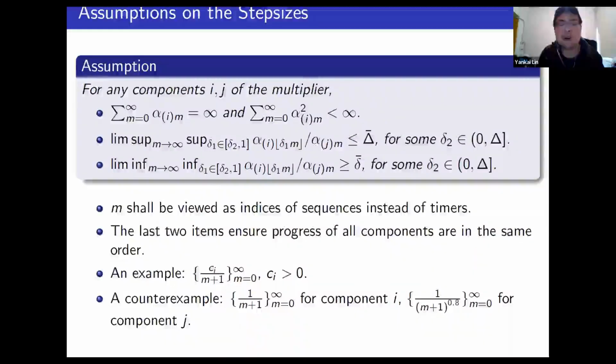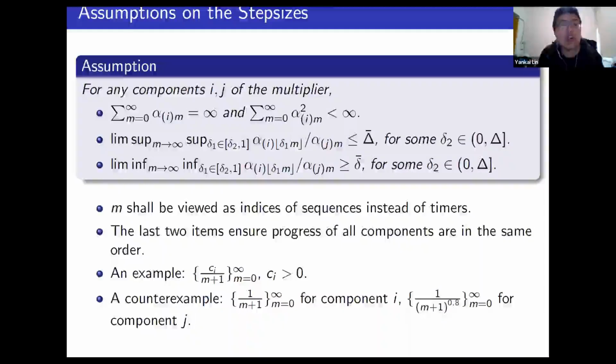I'll give you some examples about this later, just in the dot points below. Here, different from the k I used in the previous slides, m should just be viewed as indices of sequences. They're not timers. It's got nothing to do with timers, so that should not be confused. And the last 2 items ensure that progress of all components is of the same order. So I'll give 2 examples to illustrate this.